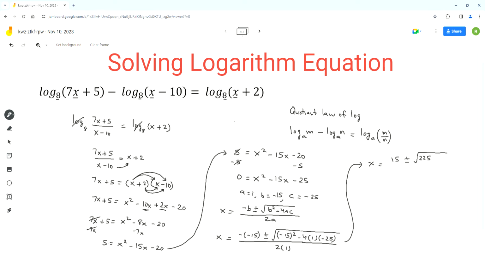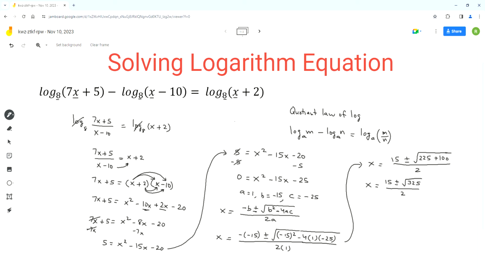Then negative 4 times 1 is negative 4, and negative 4 times negative 25 is positive 100, over 2. We can simplify. So 15 plus minus the square root of 325 over 2. I added 225 and 100.